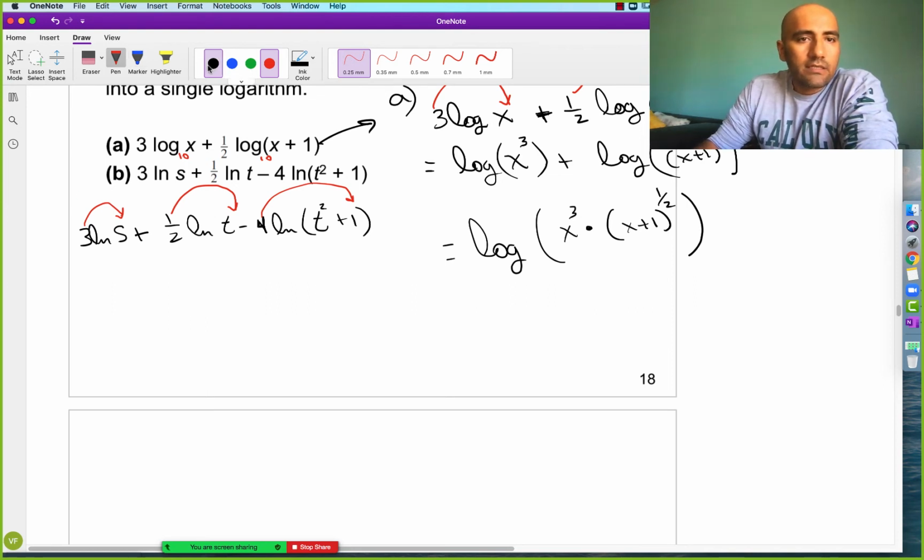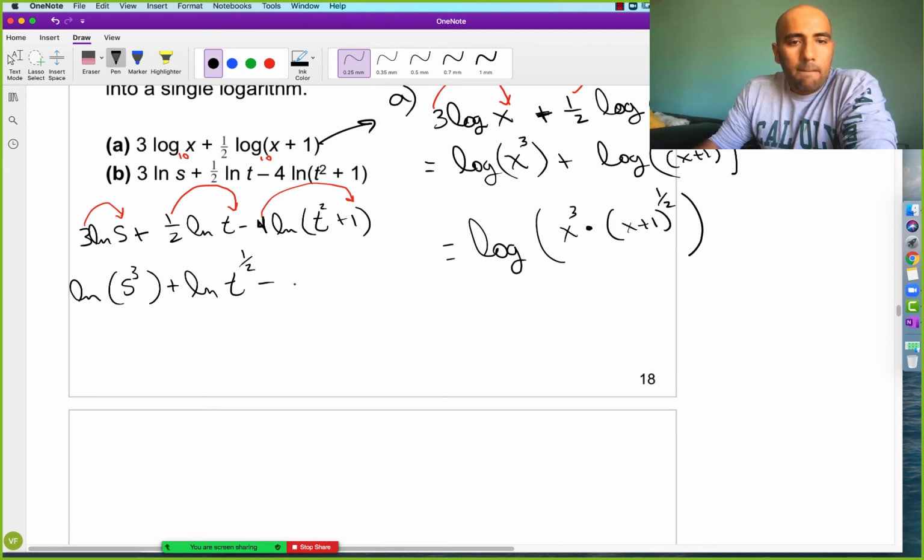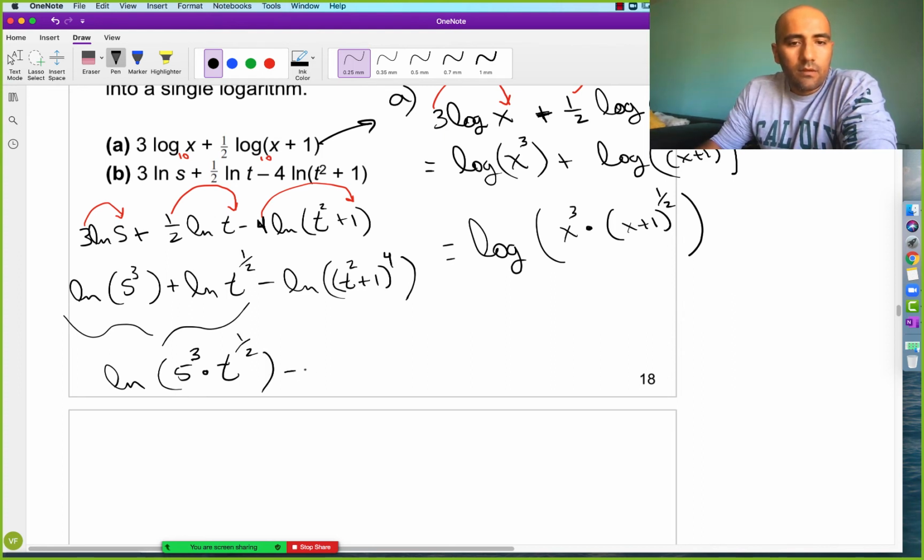Good. So then this is equivalent to ln of s to the power of 3 plus ln of t to the power of 1/2 minus ln of (t squared plus 1) raised to the power of 4. Good. And now these two, because we have an addition, combine into ln of s to the 3rd power times t to the 1/2 power, minus ln of (t squared plus 1) to the 4th power.